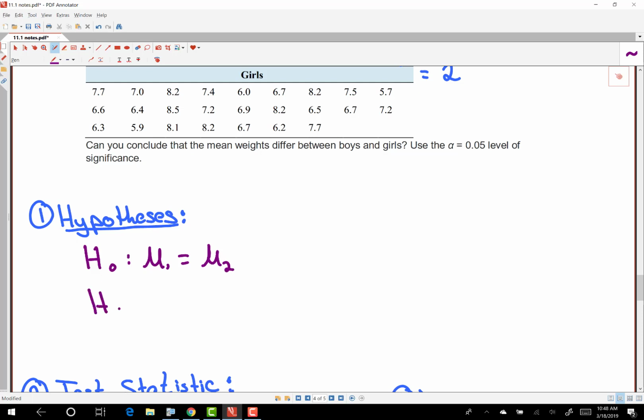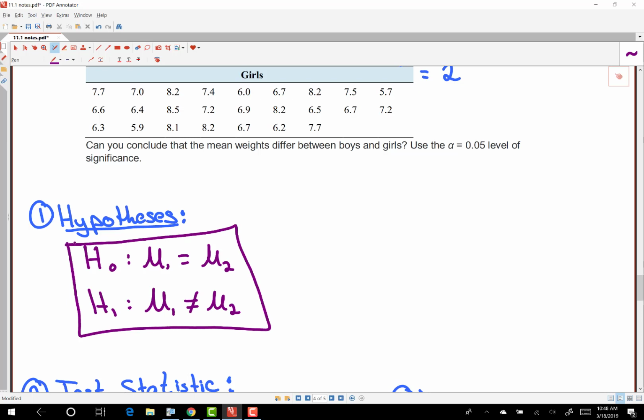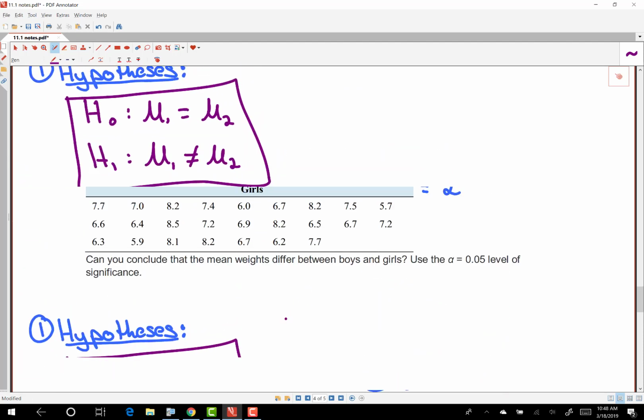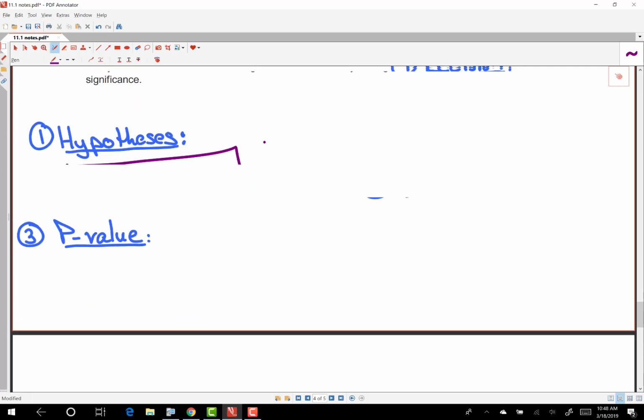And then H1 is we're checking to see if there's a difference, so it's a not equal. So mu1 is not equal to mu2. And alpha was 0.05.